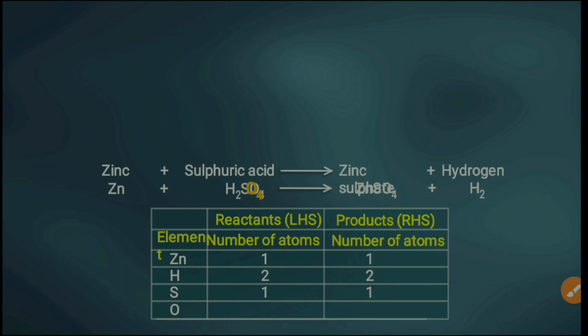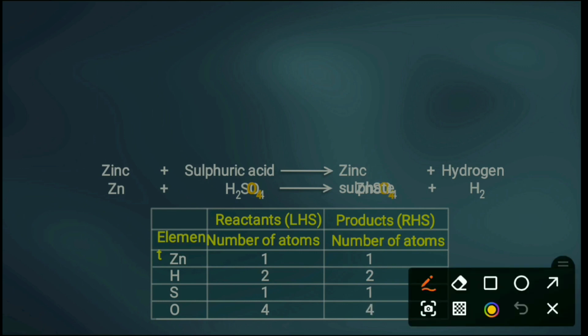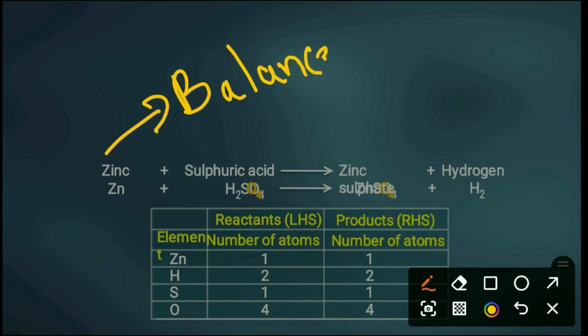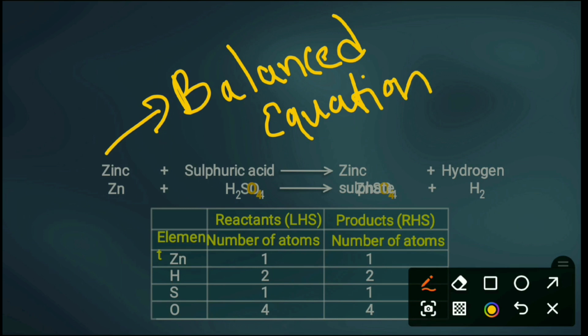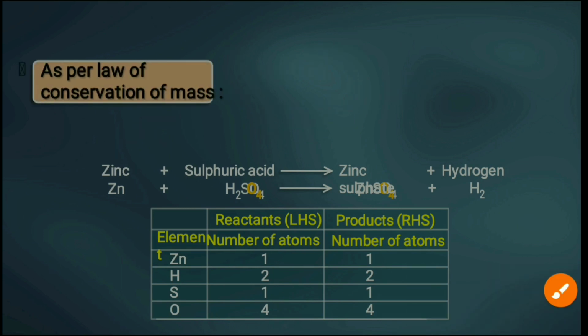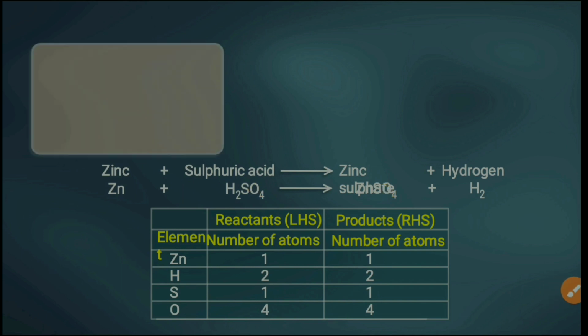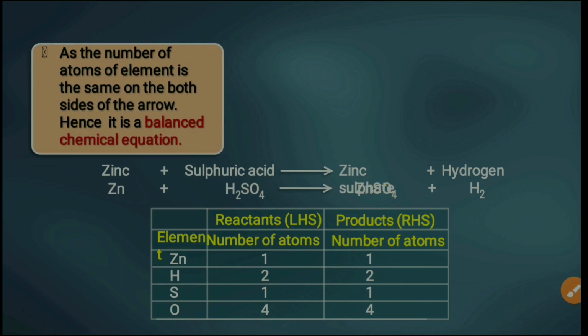Oxygen is 4 atoms here and also 4 here. So finally this equation is a balanced equation. As the number of each element is the same on both sides, hence it is called a balanced equation.